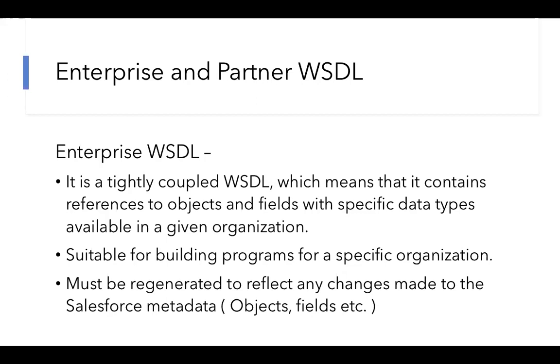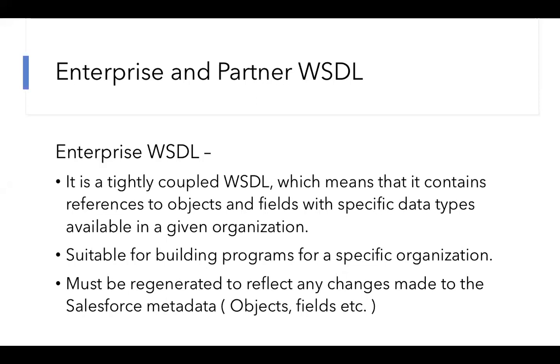It's depending on, or for, the enterprise. So let's say I'm trying to build an integration program or integration system for a specific client. Let's say I talk about Nike here. If I'm trying to build an integration solution for Nike, I can take their org's copy, the enterprise WSDL, and write programs on it, for whatever system within Nike is trying to use Salesforce services and build some integration solution.